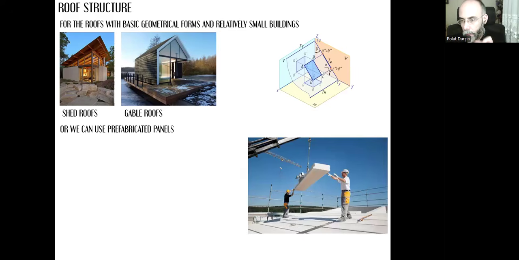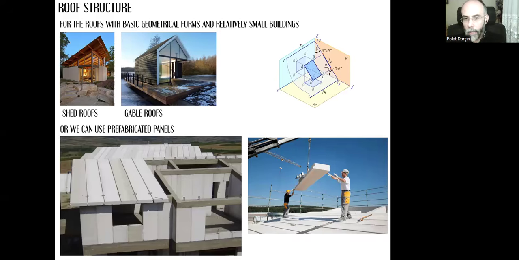Or we can use prefabricated panels. These can be cast out of concrete, but a special type of concrete because in normal conditions, normal concrete or reinforced concrete will be so heavy, and we don't want heavy objects for the roof. Instead of normal concrete, we can have autoclaved aerated concrete.